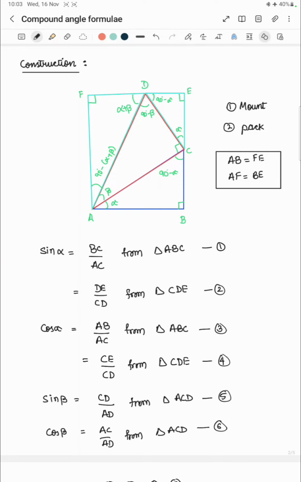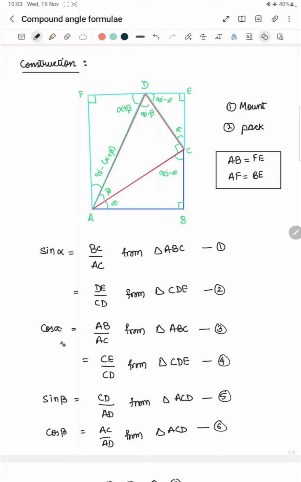Now let's gather the sine and cosine of alpha and beta from basically all possible ways. So if you look at triangle ABC, we have sine of alpha as BC by AC. If you look at triangle CDE, we have sine of alpha as DE, opposite side, by hypotenuse CD, here DE by CD.